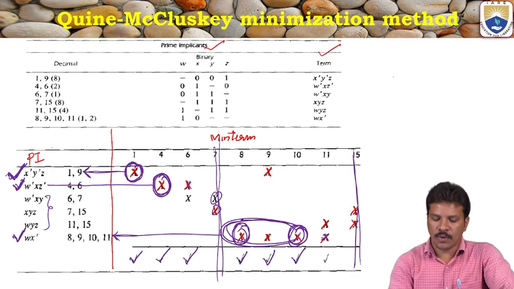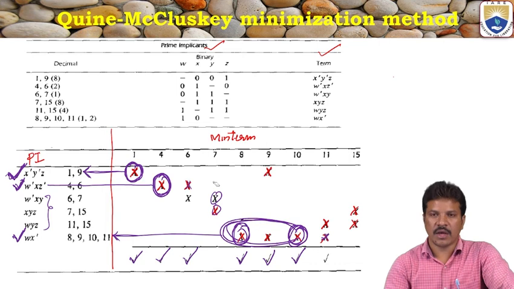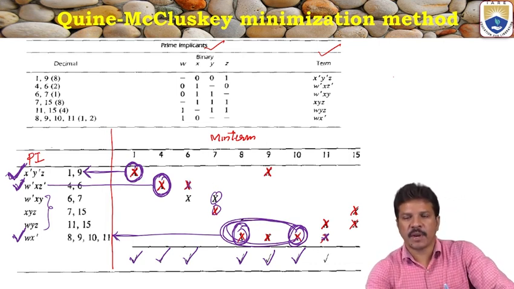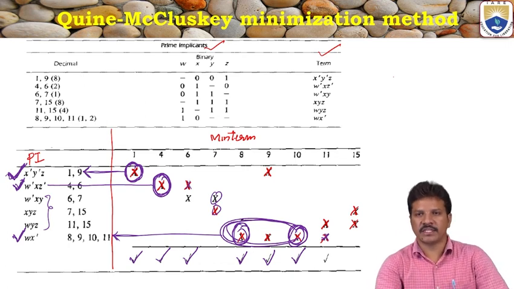So in order to include the 7 minterm and the 15 minterm, we can take their corresponding prime implicants. What is the 7 cross mark? Its corresponding one.